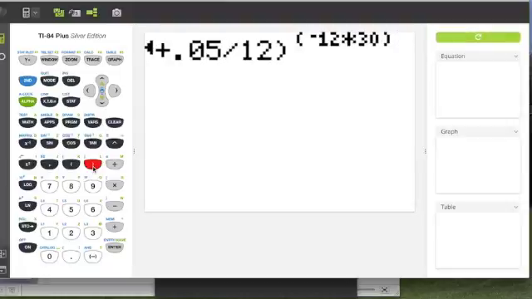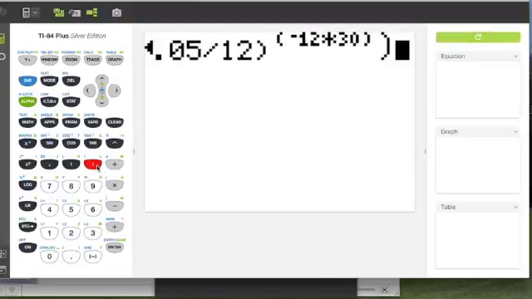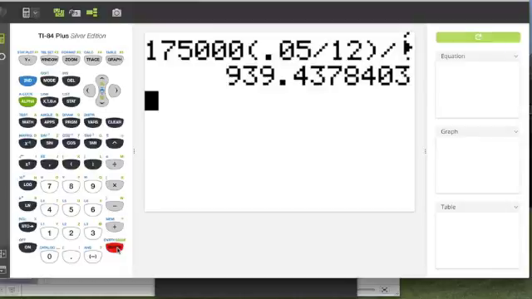It's my exponent. Get out of the exponent, close the denominator parentheses, enter. $939.44.